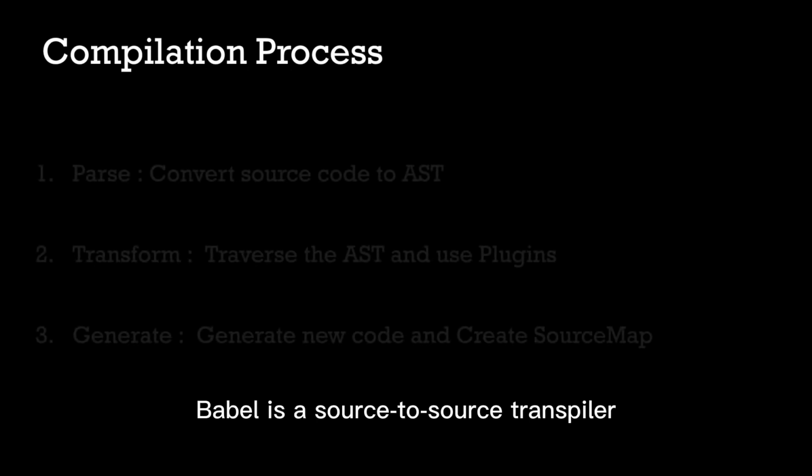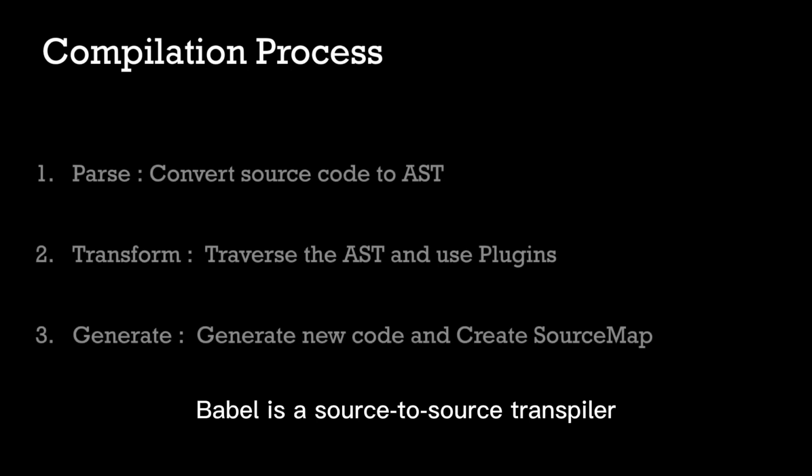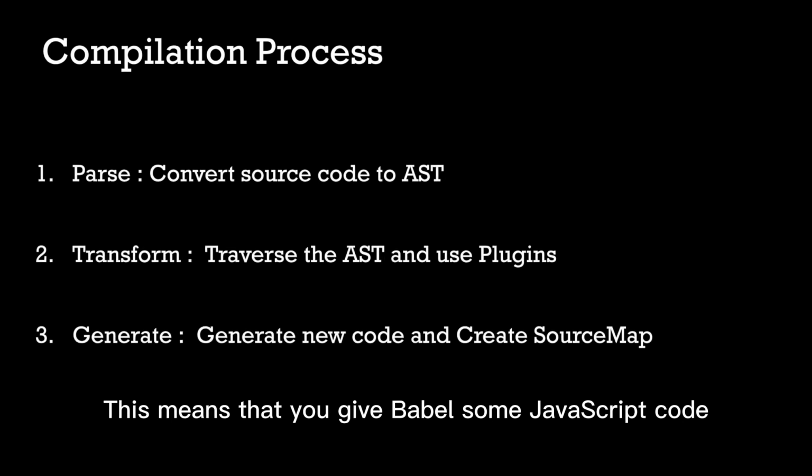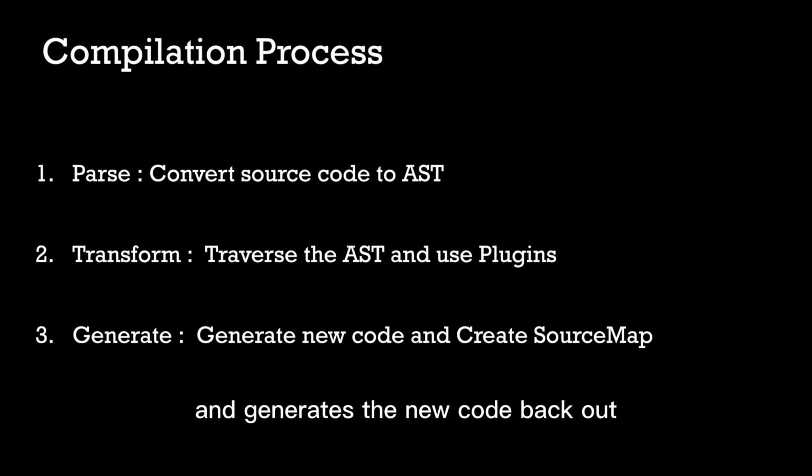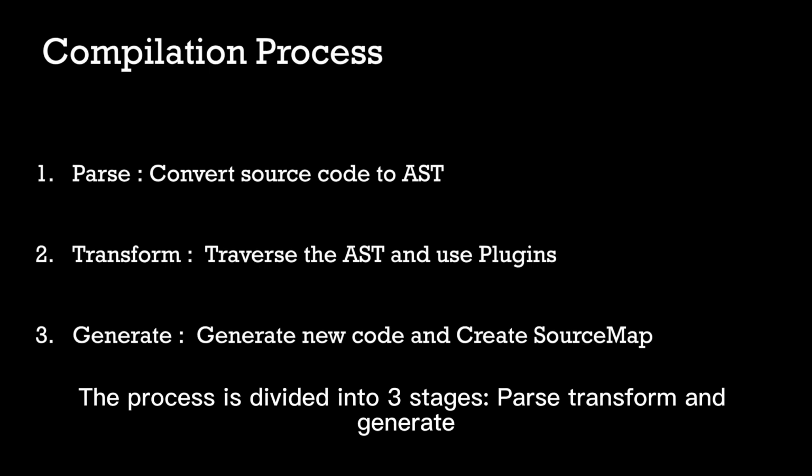So next, I will talk about the compilation process of Babel. Babel is a source-to-source transpiler. This means that if you give Babel some JavaScript code, Babel modifies the code and generates the new code back out. The process is divided into 3 stages: parse, transform, and generate.